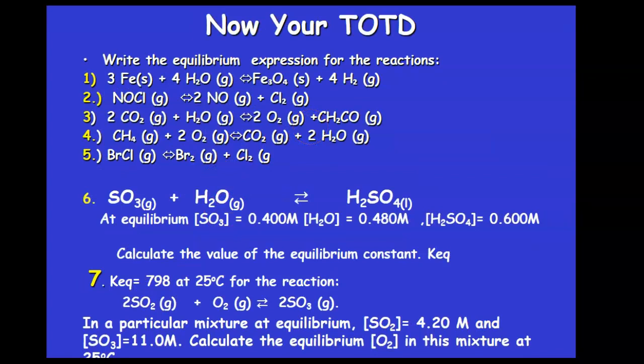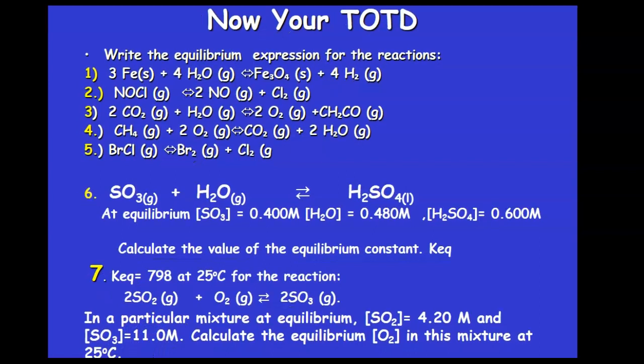All right, so this is what you're going to do for me. You're going to solve this assignment, 7 questions. For questions 1 to 5, you write only the equilibrium expression. And then remember, look at the states of matter. Look at the solid, liquid, and gas.